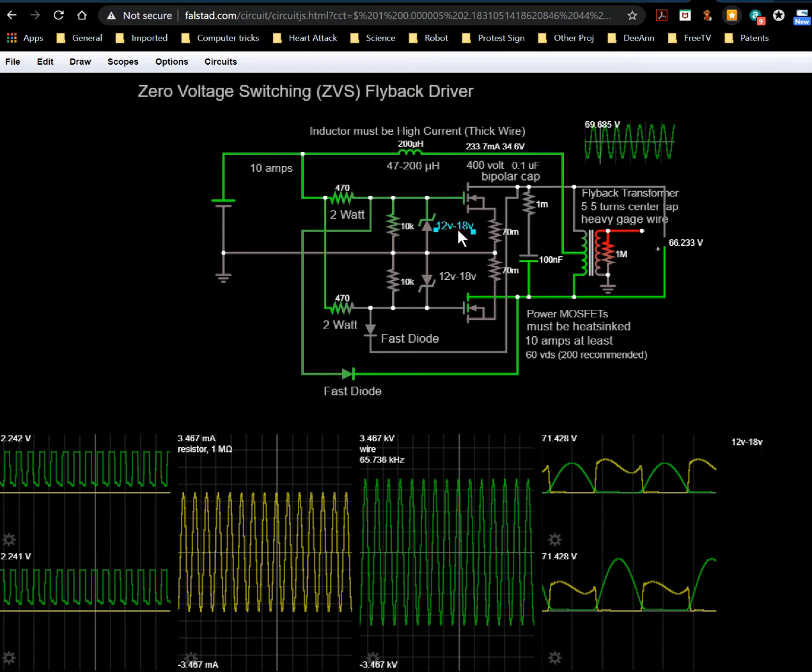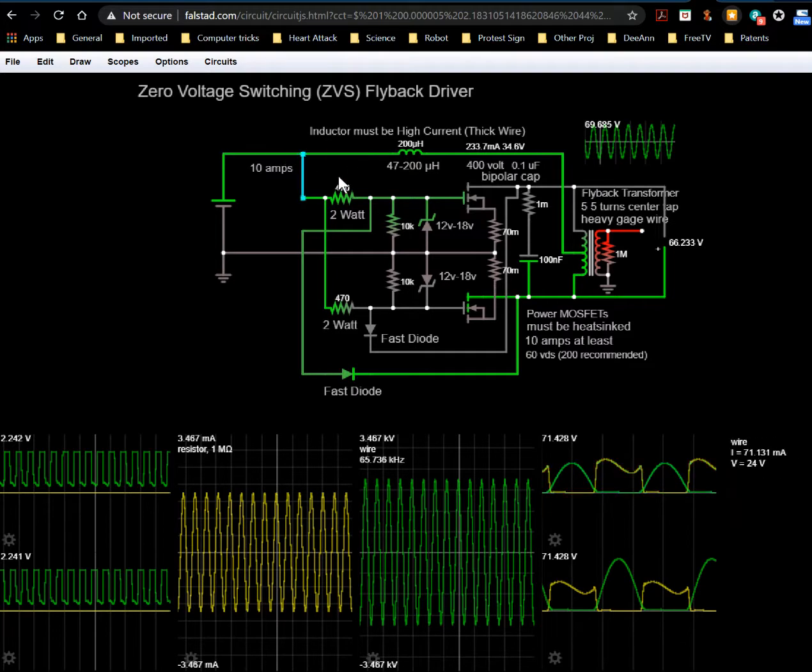There's what they call a Miller plateau, and once you hit that Miller plateau, the voltage will not change across the thing until that capacitance is charged up, and only then can the FET turn on. Until that capacitor is charged up, the FET can't turn on. So that's why this resistor is so small, so it can charge up that capacitance really quickly.